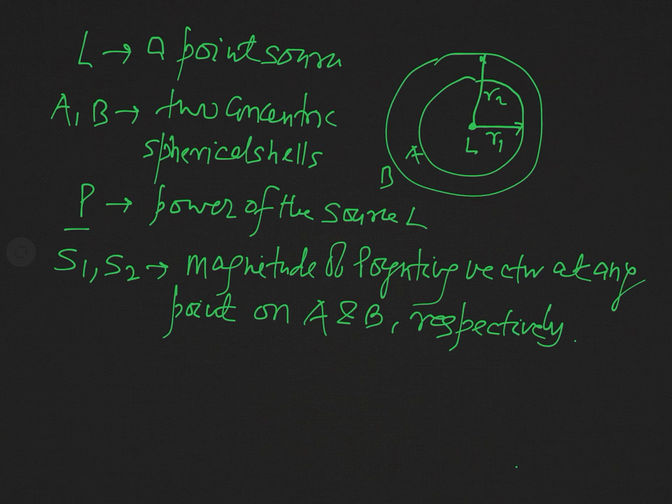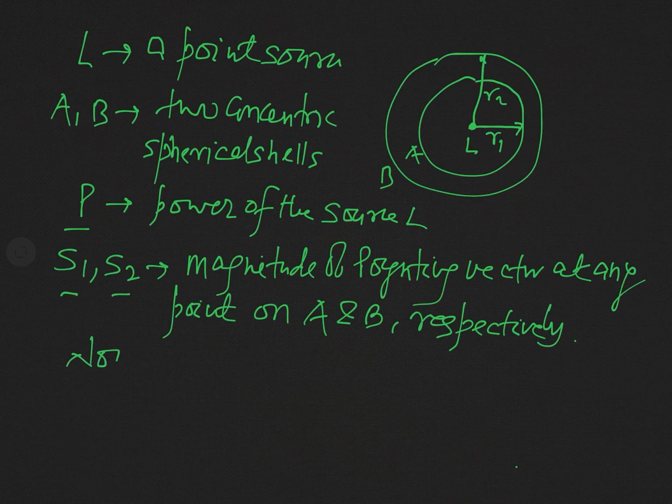Let us consider it. The radiation emitted from the point source will be incident on these spherical surfaces perpendicularly, because the radiation in fact diverges radially outward, and the radius is normal to the spherical surface. So radiation is passing through these spherical surfaces normally. Now, in accordance with the definition of the Poynting vector, we can measure S1 and S2.